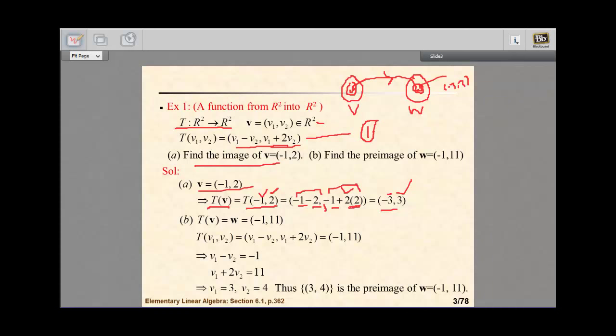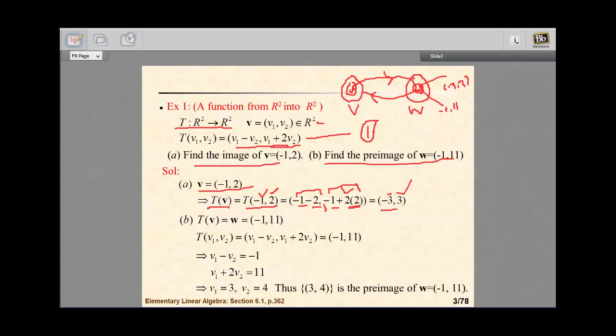So now the second question is: find the pre-image of w equal to (-1, 11). What is the pre-image of w? We have to find the pre-image of this.